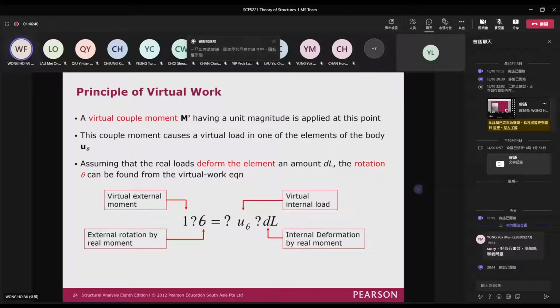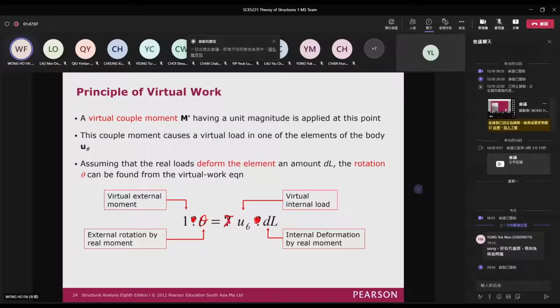And then for the same time, if we consider the rotation, again, we don't use the force. Instead, we use the rotation. So we have 1 times the theta. And then, for here, due to the virtual moment, actually we'll create a virtual internal force. And then again, this virtual internal force will multiply with the deformation.